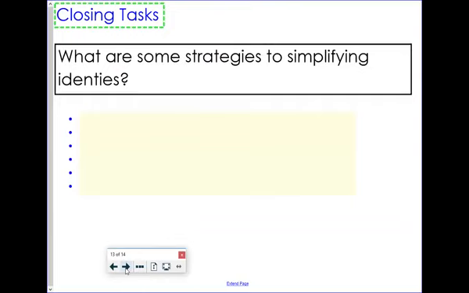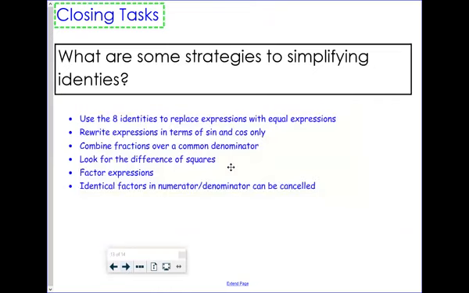Let's just summarize quickly what techniques we've used today when we've been simplifying identities. Look through your work and see if you can come up with 1, 2, 3, 4, 5, 6 different ways we've simplified identities. Pause your video, come back and check. So, we were given 8 identities and you're replacing expressions with things they're equal to.